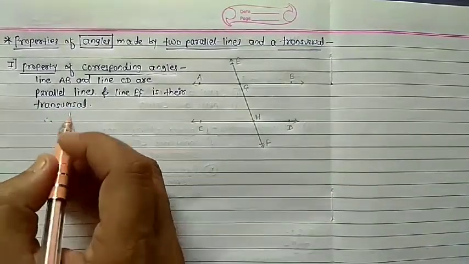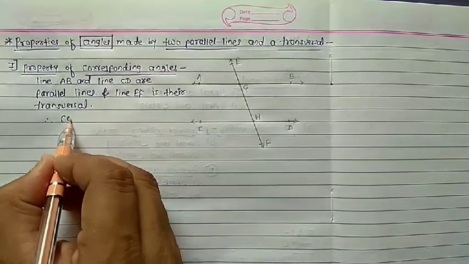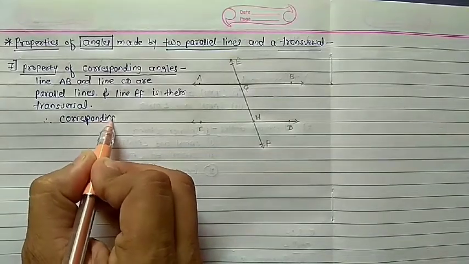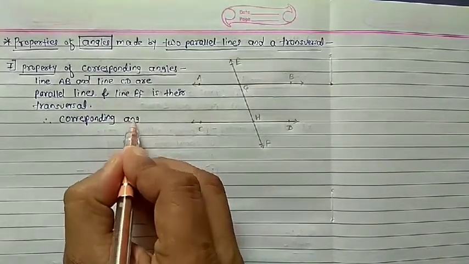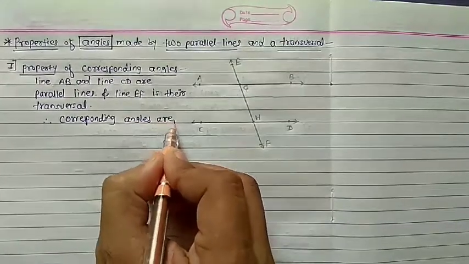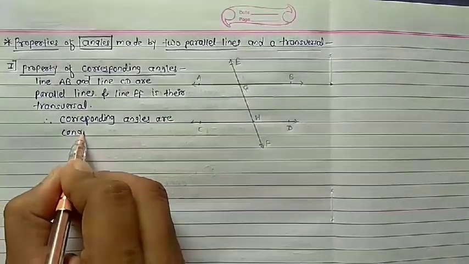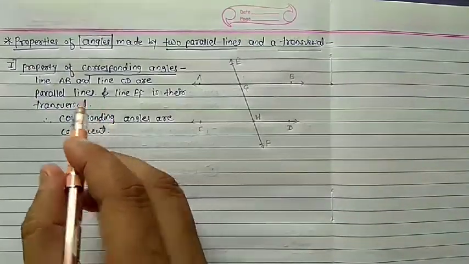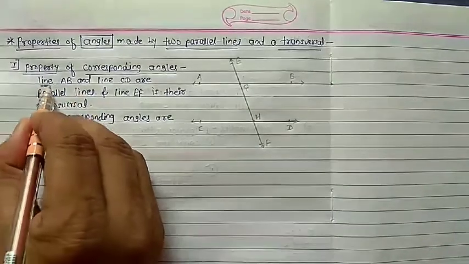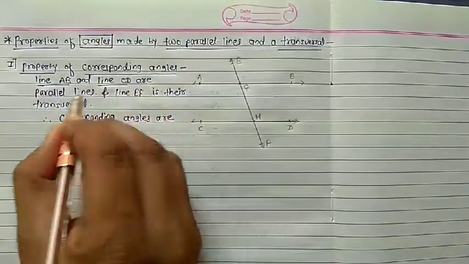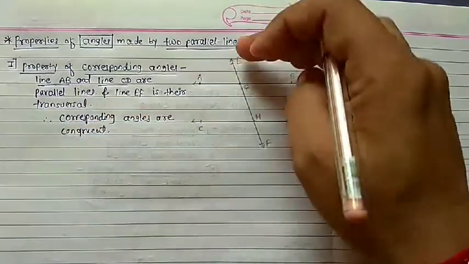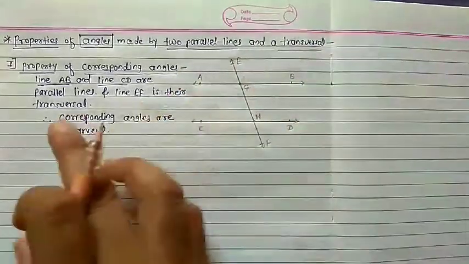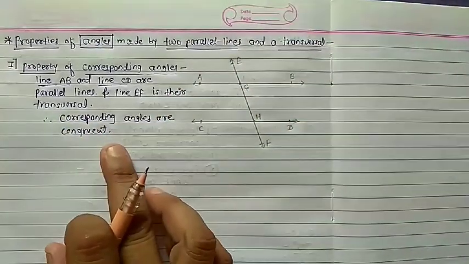Therefore, corresponding angles are congruent. It means if the two lines, line AB and line CD, are parallel and EF is their transversal, then the corresponding angles are congruent.